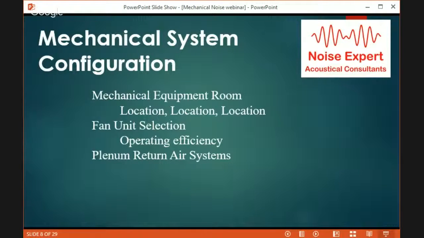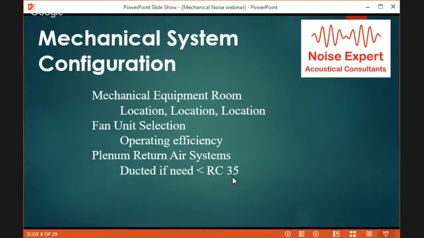Plenum return systems. So this is where we're talking about the return. We see this a lot in open office spaces. They just have open returns with return grills in the ceiling. And those are fine, but they're really not great where sound isolation is critical. So we recommend they duct the noise if you need that RC to be less than 35.